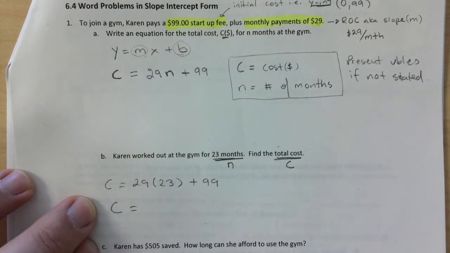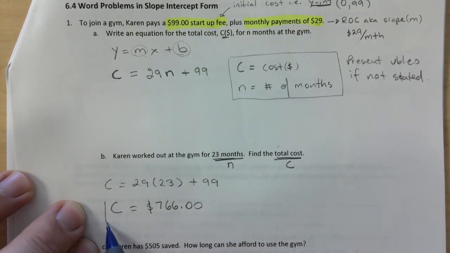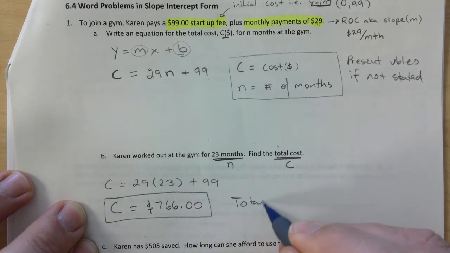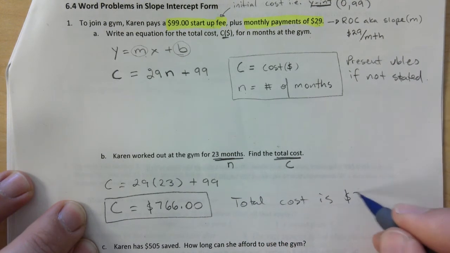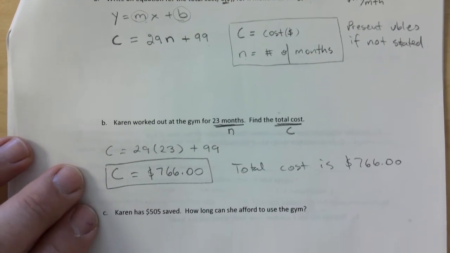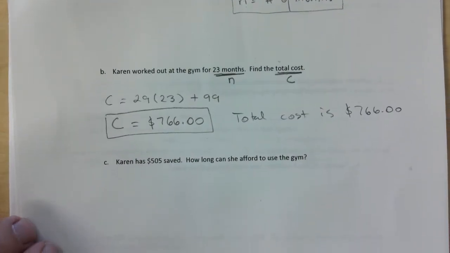So the cost will be $766 total cost. Okay, statement there. Make sure you add units when it's a word problem.